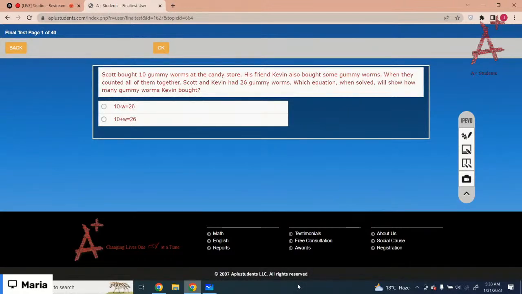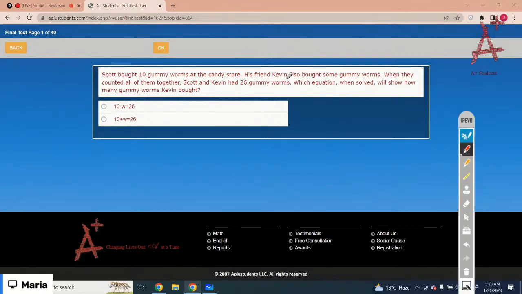Scott bought 10 gummy worms at the candy store. His friend Kevin also bought some gummy worms. You don't know how many gummy worms Kevin bought. When they counted them all together, Scott and Kevin had 26 gummy worms. Which equation, when solved, will show how many gummy worms Kevin bought? Scott has 10 of them.